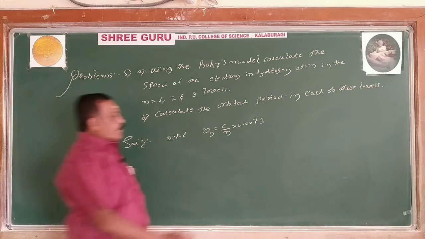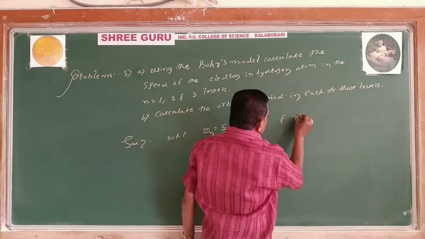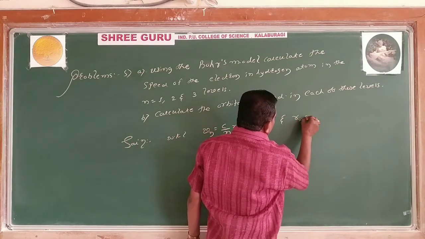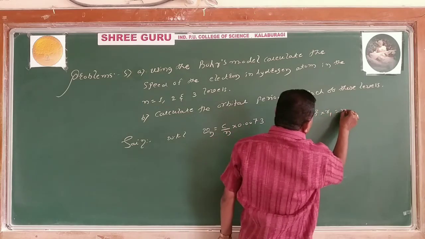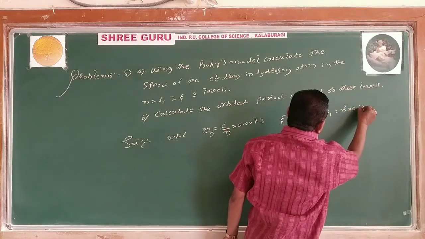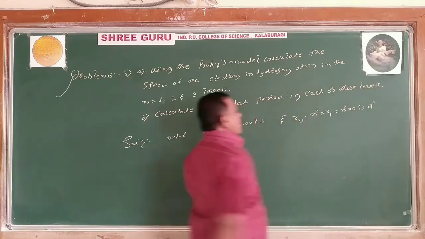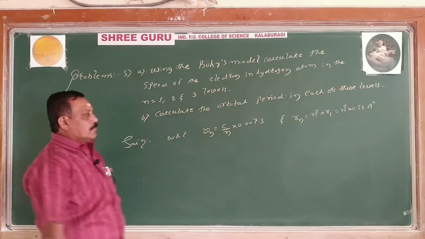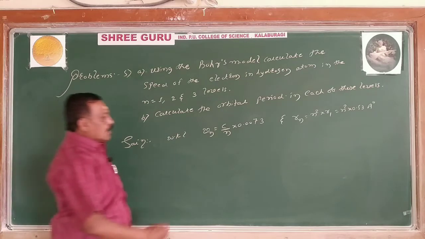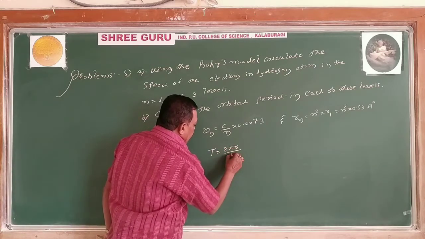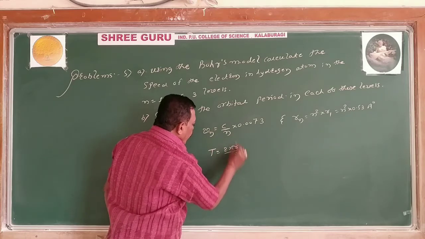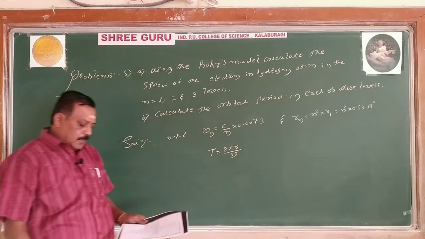Then the radius Rn equals to n square into R1, n square into 0.53 angstrom, right? Then we know that time period T equals to 2 pi r divided by V, right?